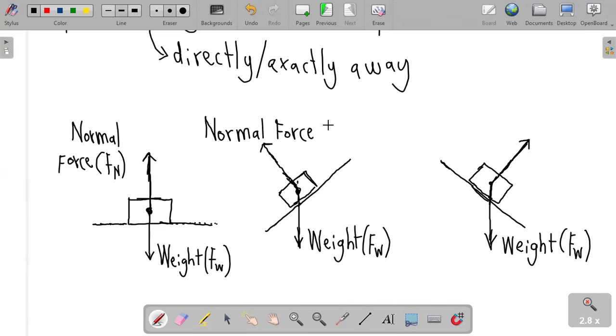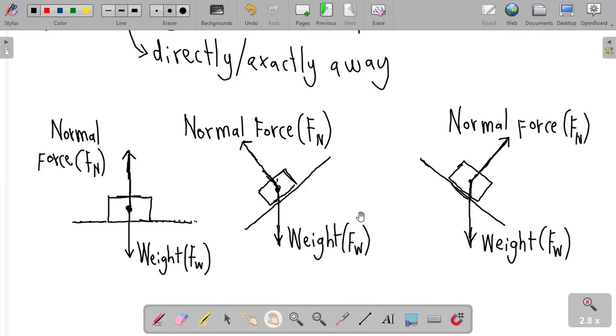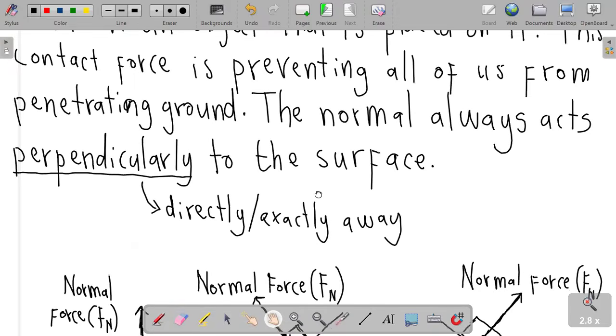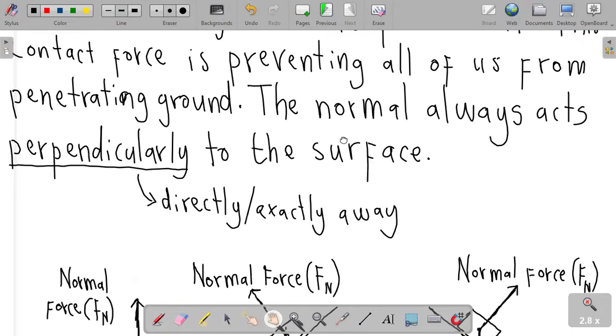The normal force we can say is Fn, and in the last case, this is the normal force here, up there. We can say Fn.